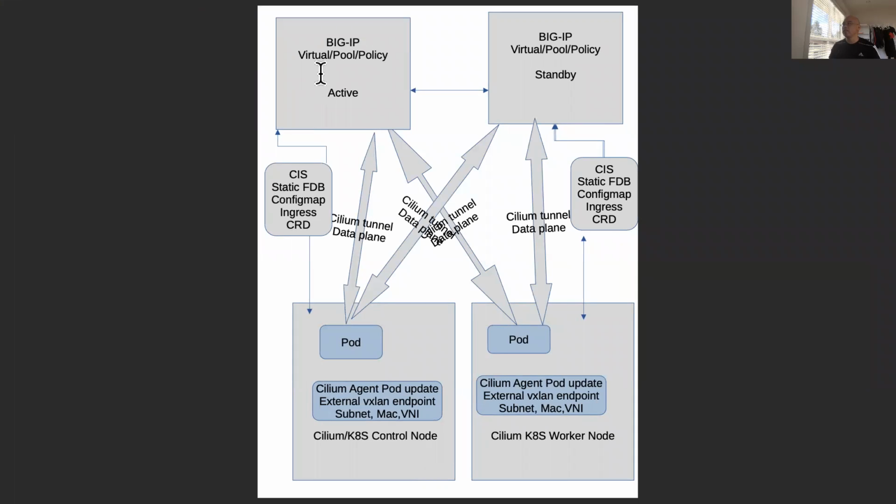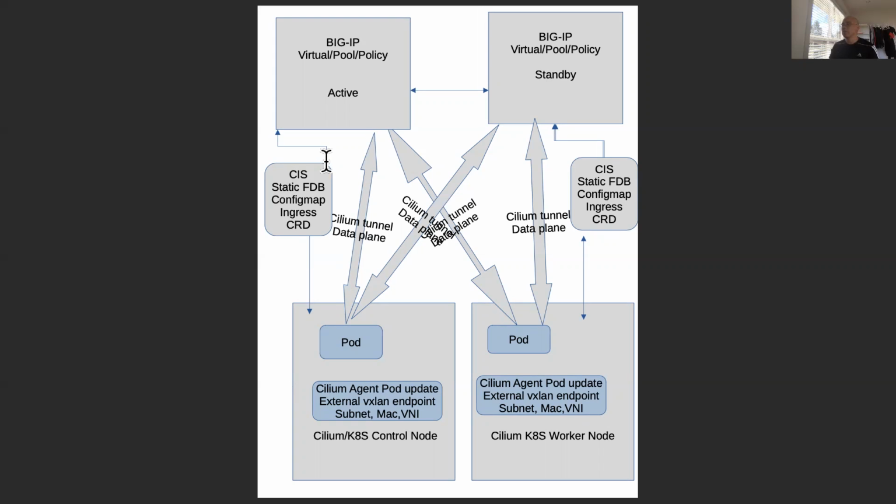So now we have an even more complicated diagram here. We have an active BIG-IP and a standby BIG-IP as a pair for redundancy. If you notice the changes, we still have a Cilium agent pod running in each Kubernetes node, and now I don't have the bash script block here anymore.